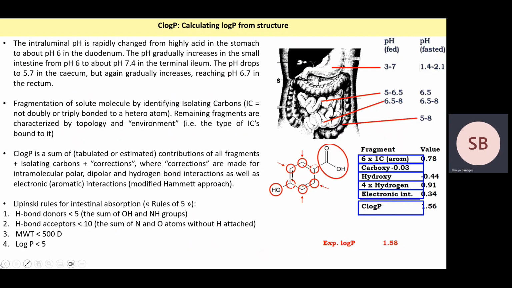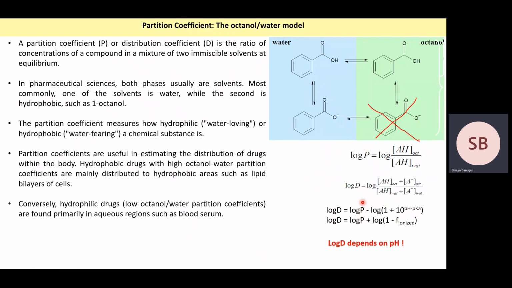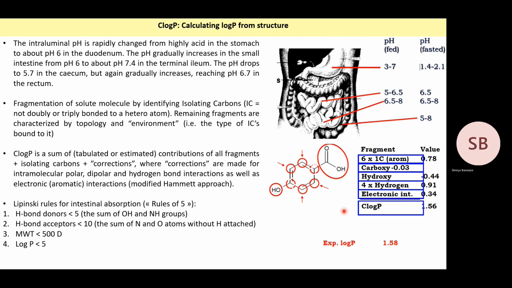Now, if you look at the definition of the partition coefficient, you can see that it depends on the pH. So how does the pH change in the human body? The intraluminal pH is rapidly changed from highly acidic in the stomach, because the stomach has concentrated HCl, to about pH 6 in the duodenum.